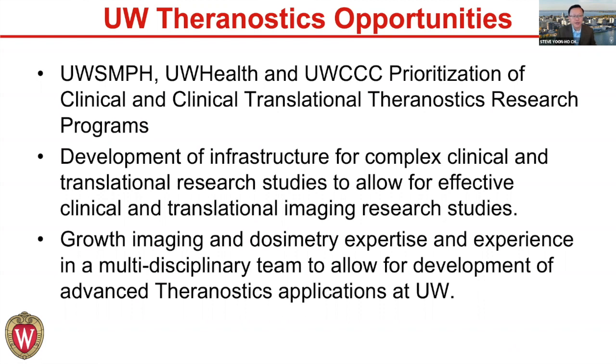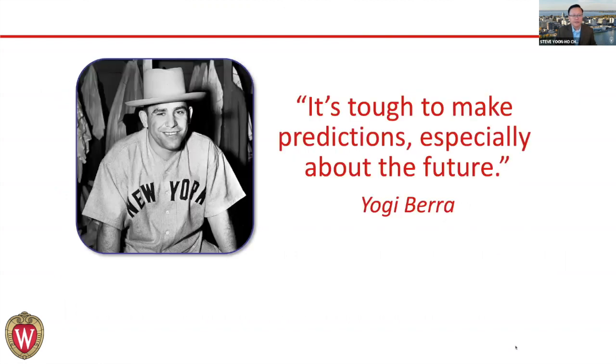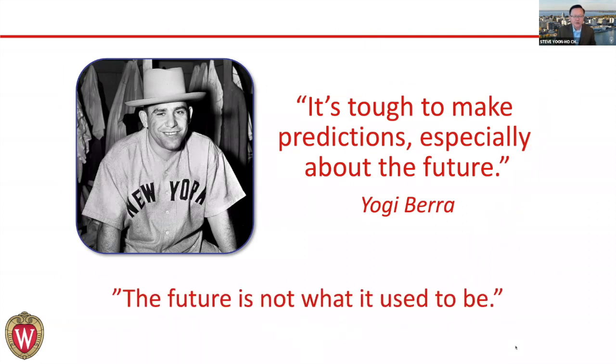I couldn't get into a little more of the detail in terms of specific studies, but I just want to end with this Yogi Berraism. He said it's tough to make predictions, especially about the future. And I think this is particularly true for theranostics. He says, no matter what comes, I think one thing we're sure of is that the future is not what it used to be.